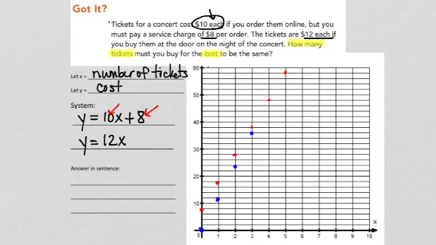Up 12 and over 1. And you noticed that at that point right there, that's where the blue and the red overlap. So therefore, my answer, when the cost is going to be the same, is at that point.